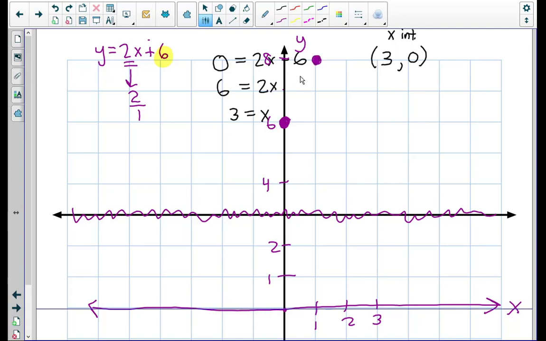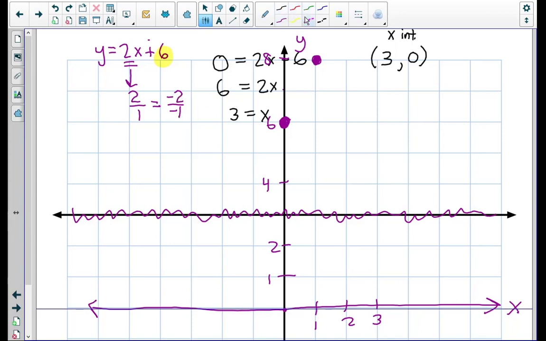Now again, if we keep going, we'll go off the graph, and I don't want to do that. So the other thing you can do is, if you think about 2 over 1, it's also equal to negative 2 over negative 1. Negative 2 over negative 1 is positive 2, and 2 over 1 is positive 2. So I actually can go down to the left 1. My rise would be negative 2.